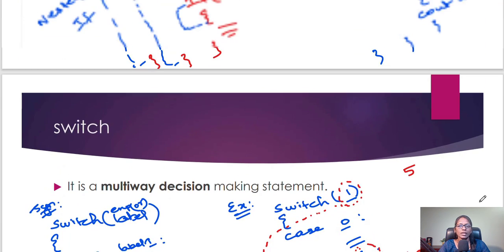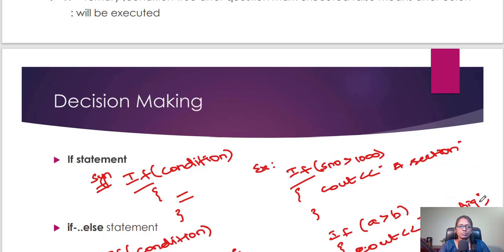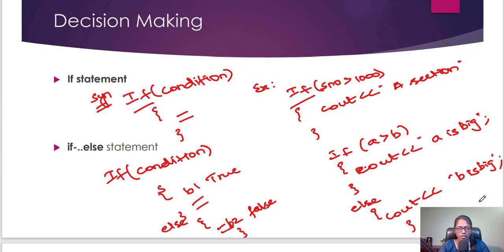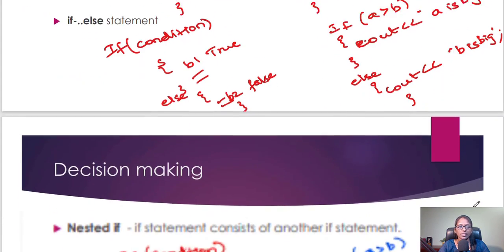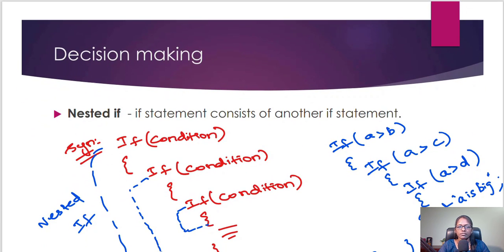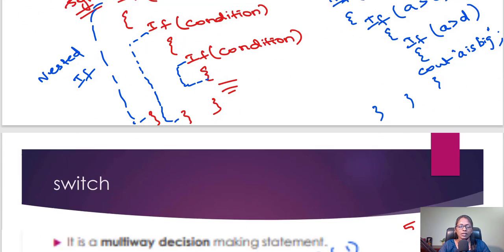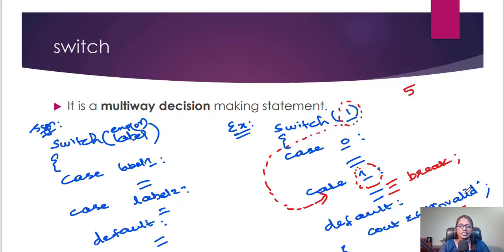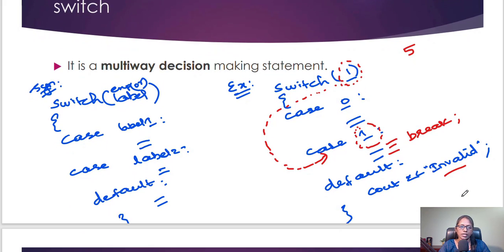That's it. So in decision making statements, there are 3 things. One is the simple if statement and the if else statement. If the condition is true, the if block will be executed. If the condition is false, the else block will be executed. And nested if is when an if condition contains another if condition. And the switch statement is a multi-way decision making statement.